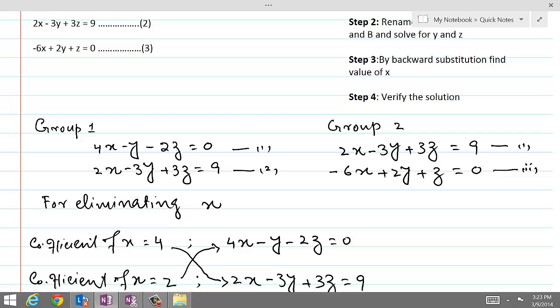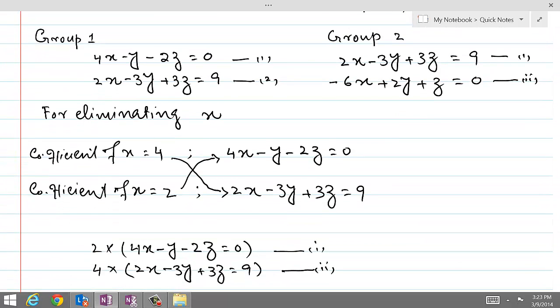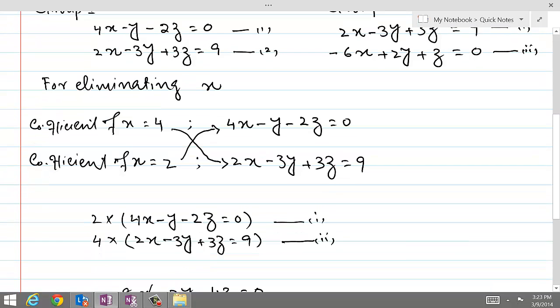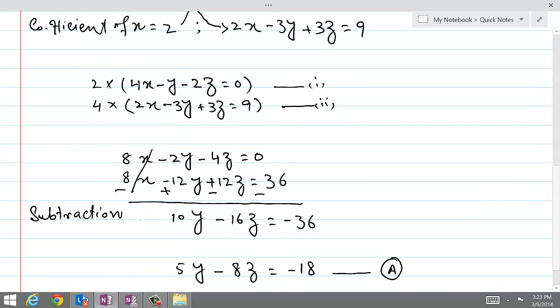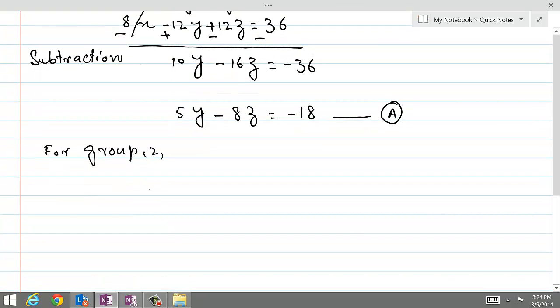Group 2 consists of 2x minus 3y plus 3z is equal to 9.